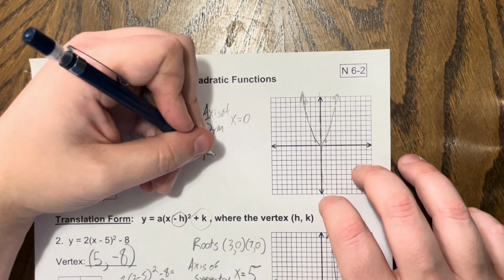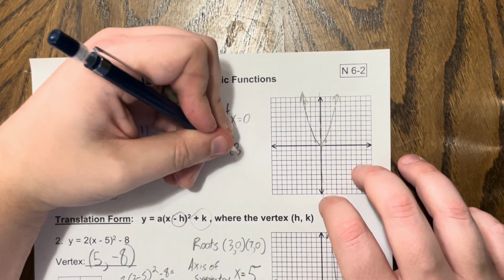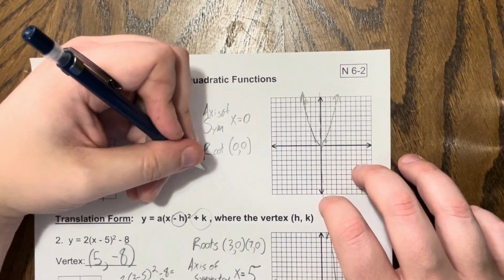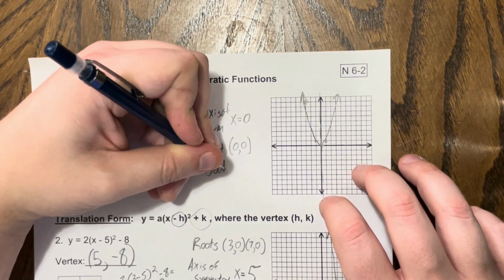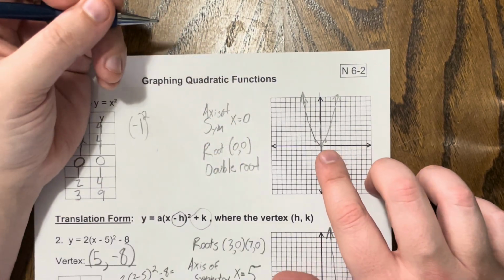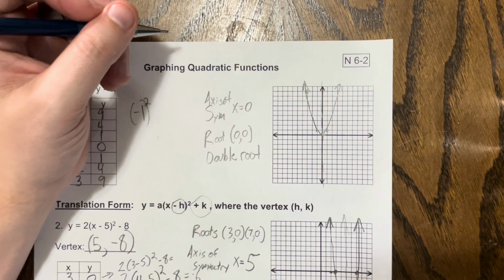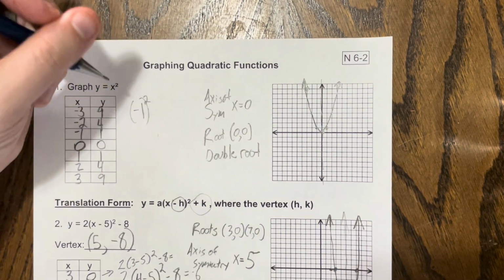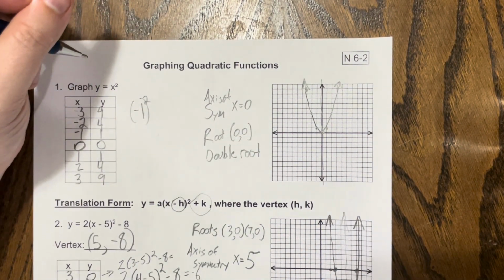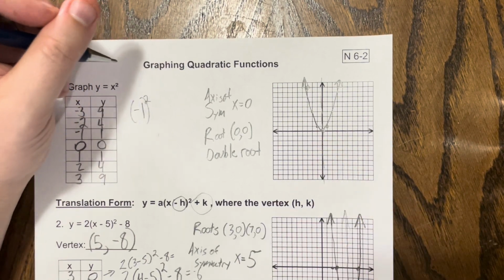And also, my root would be 0, 0, and that's actually a double root, which just means it only hits once. There should always be 2 roots, but since this hits it once, the root we saw would be just 0, 0 for both.